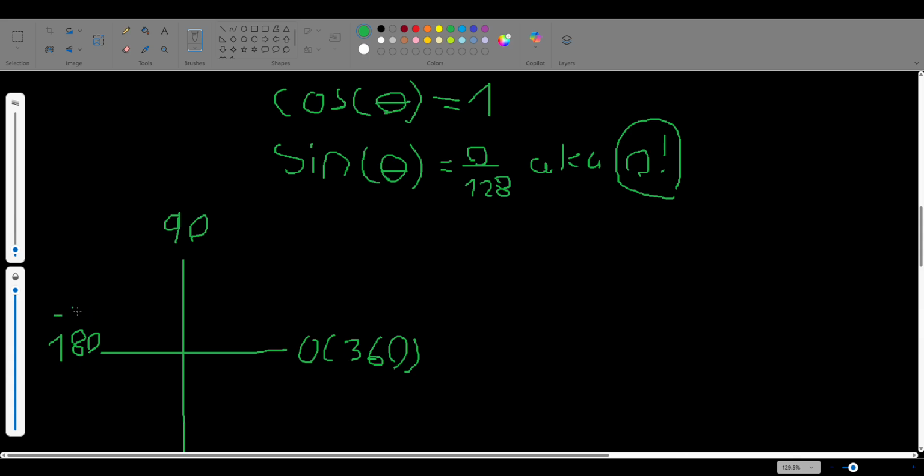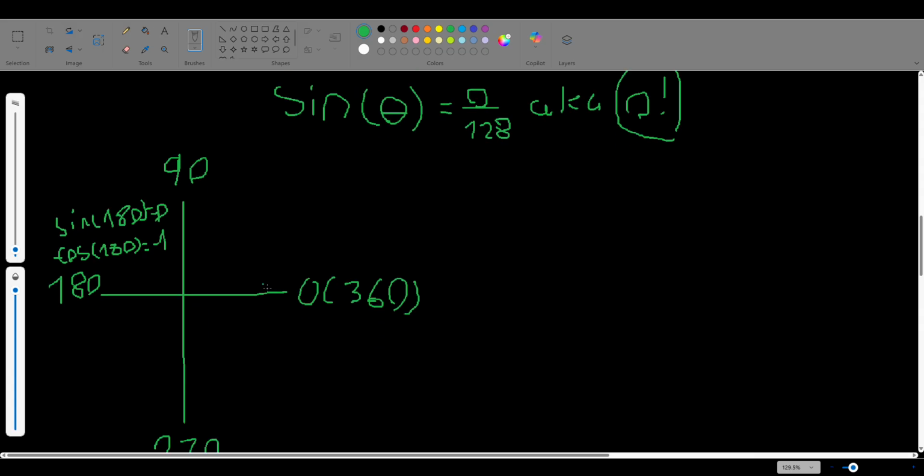Well, the cosine of 180 is going to give us -1. The sine of 180 is going to give us 0, right? So probably it's going to be 0, aka 360, which is going to satisfy the condition.